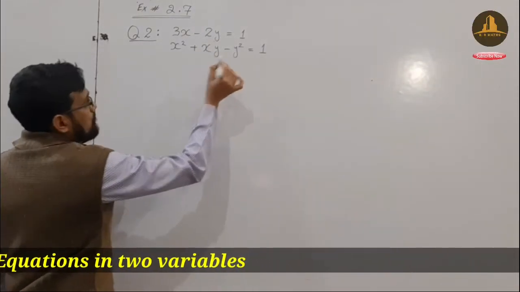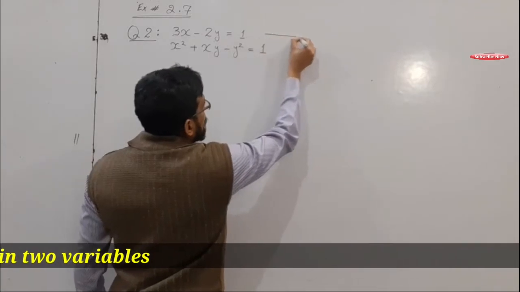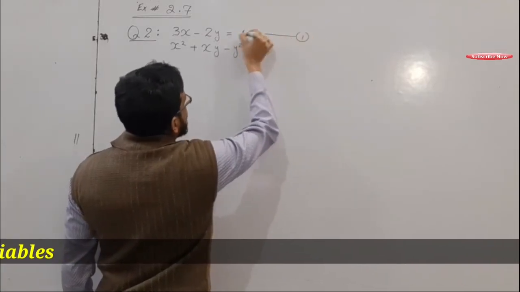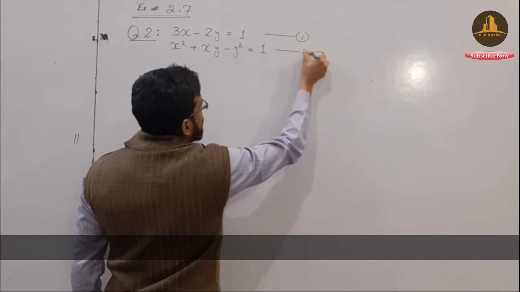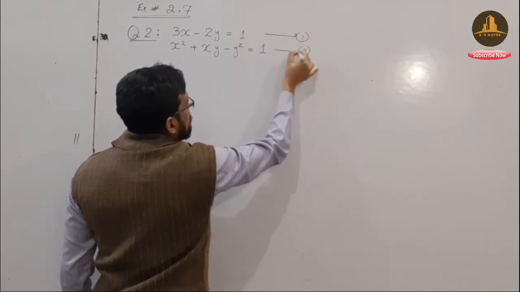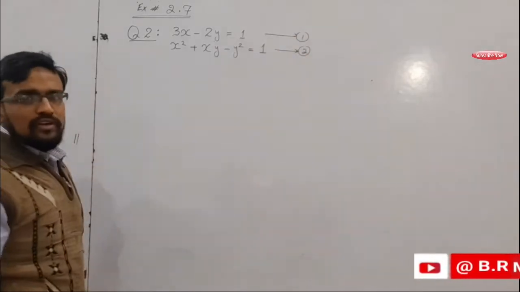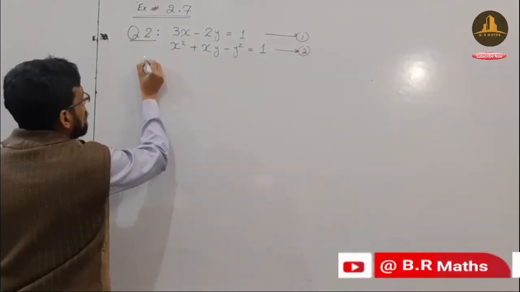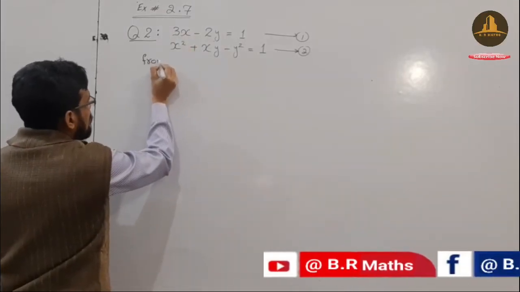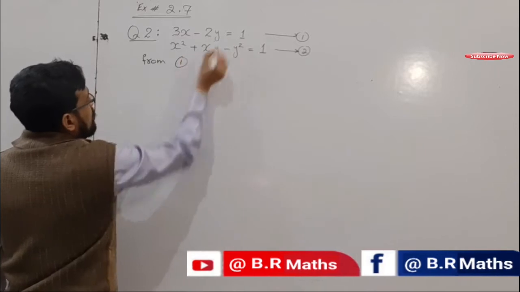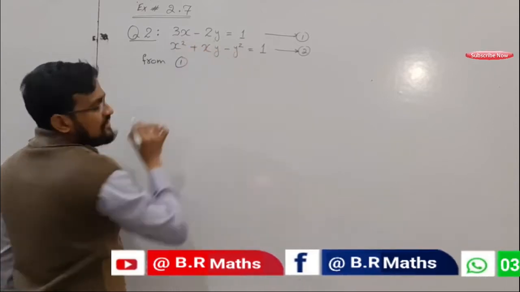So firstly, name this the first equation and this the second equation. Okay, so let's start from equation number 1. From 1, 3x minus 2y is equal to 1.